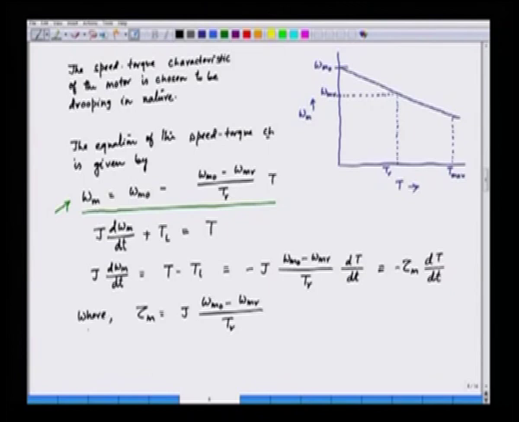So, this is what is tau m, and from the above equation we can say that tau m into dT by dt plus T is equal to T L. So, this is a first order differential equation.